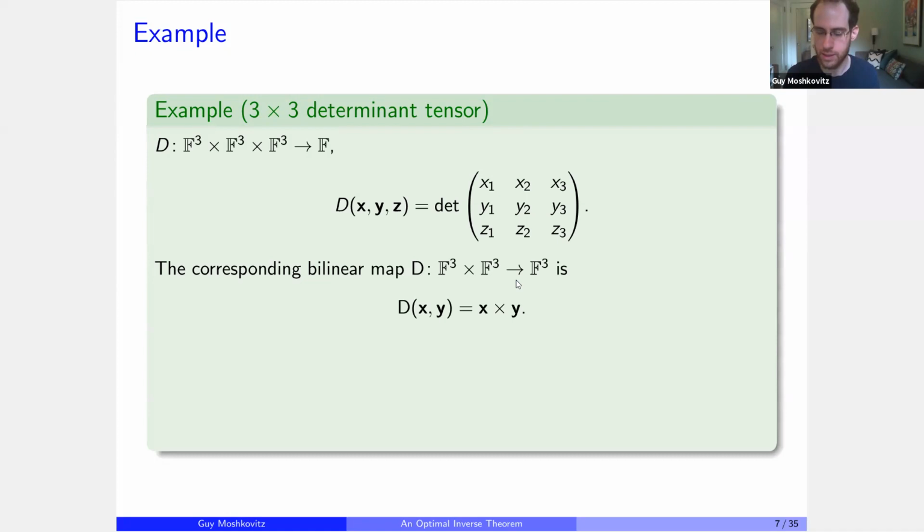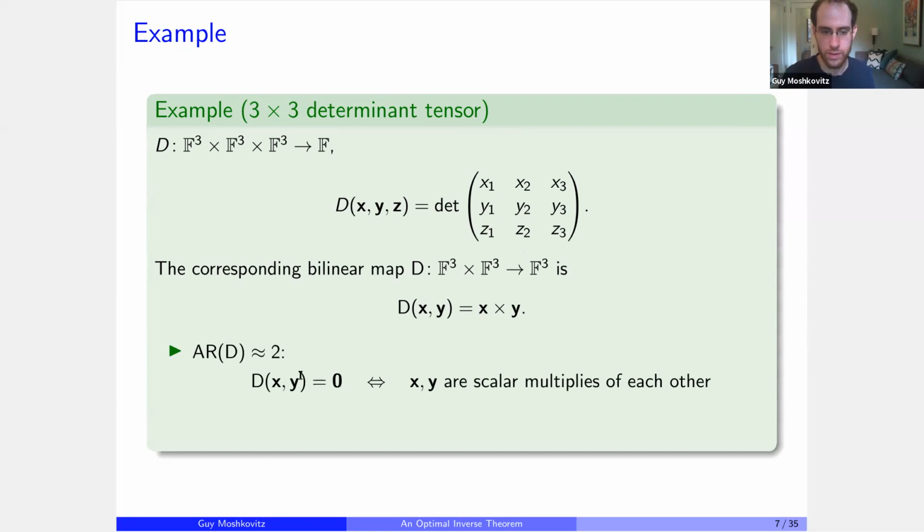So x and y are a pair of 3-dimensional vectors, and the cross product is a new 3-dimensional vector. To get the analytic rank, I need to count the number of zeros: for which pairs x, y is the cross product the 0 vector? Obviously, the pairs of vectors that are scalar multiples of each other.